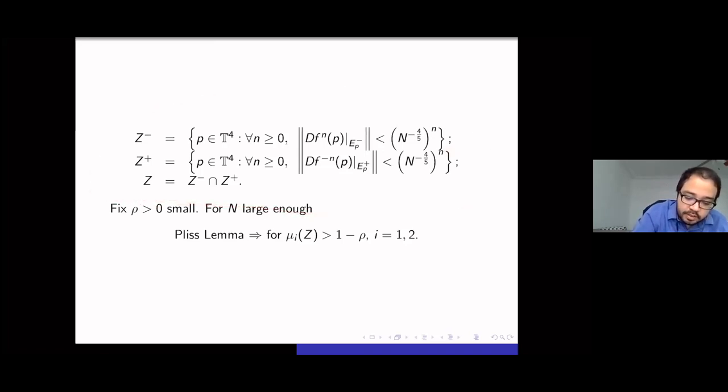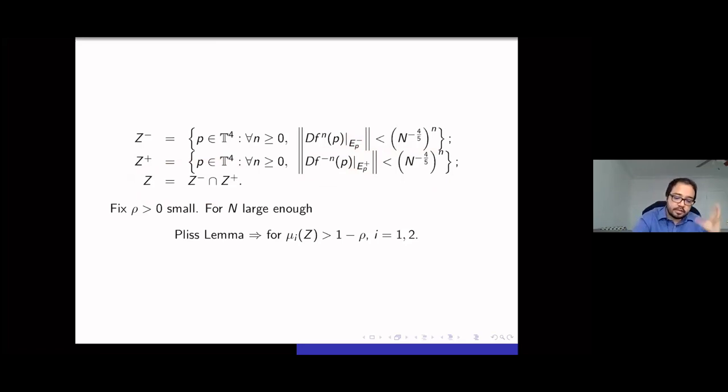So Z minus is the points where it's good to apply the construction for stable manifolds. You have good contraction. Z plus is the points where it's good to apply the construction for unstable manifolds. You have good contraction for the past in the E minus and E plus direction. And Z, you just intersect those two sets, and those are points where you have good stable and good unstable manifolds, pretty much.